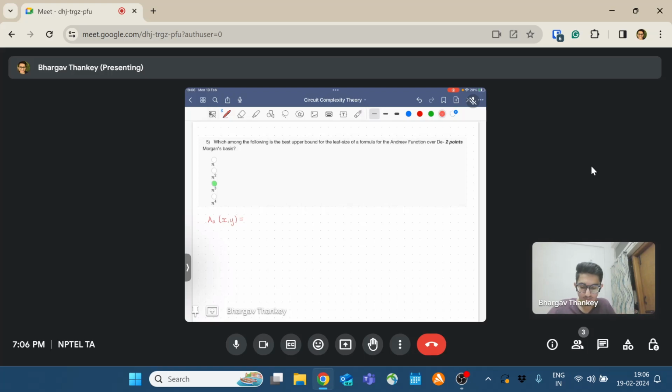I think n over log n rows are there, and the column size is log n, because log n times n over log n. Then we XOR the bits in each of those rows.